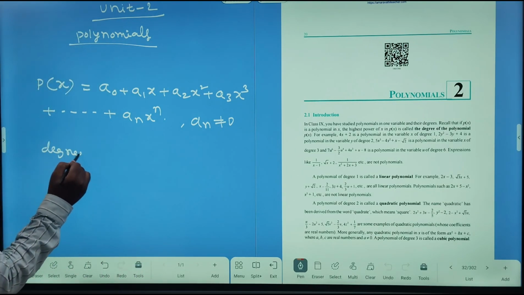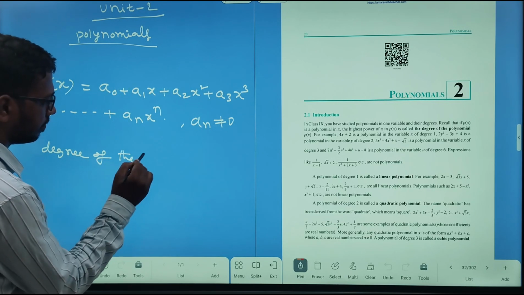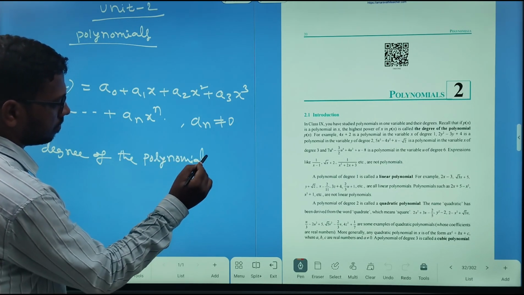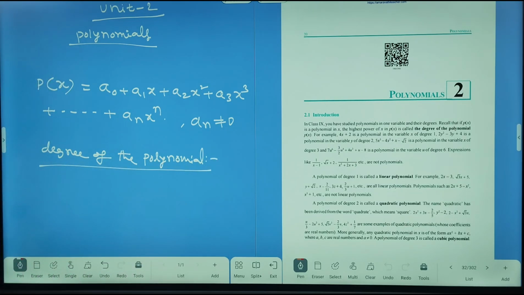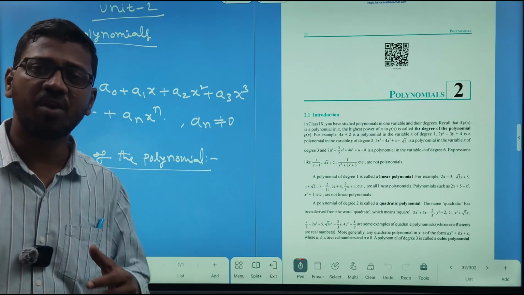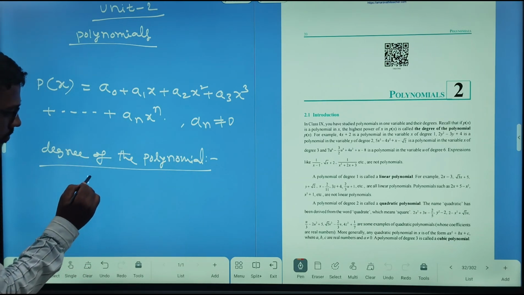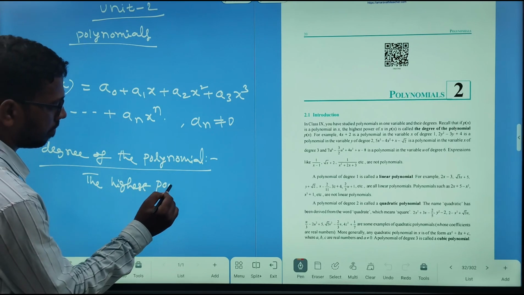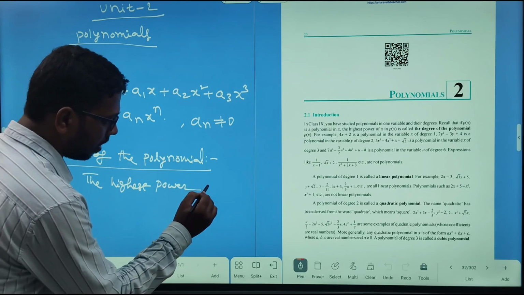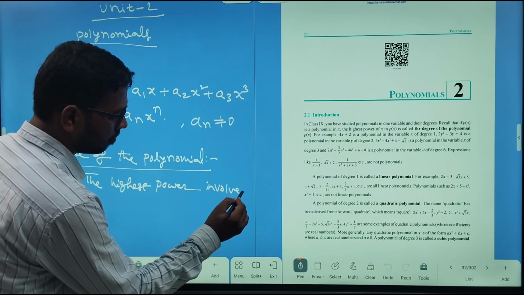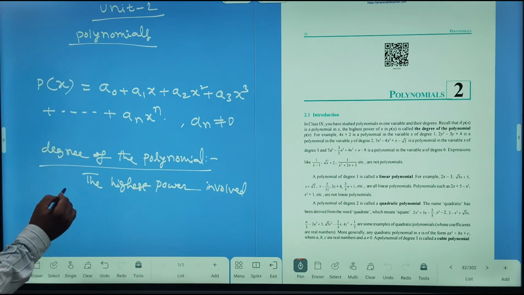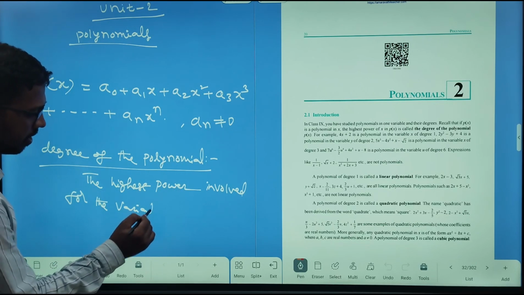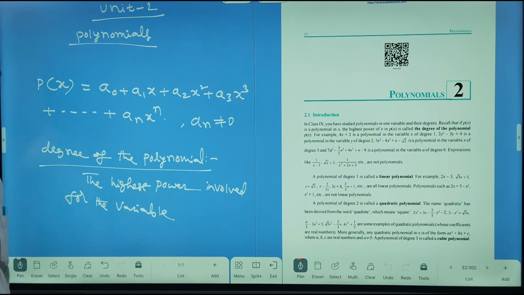Degree of the polynomial means the highest power involved in the polynomial, the highest power involved for the variable. X is x, y is y. The highest power for the variable is called degree of the polynomial.